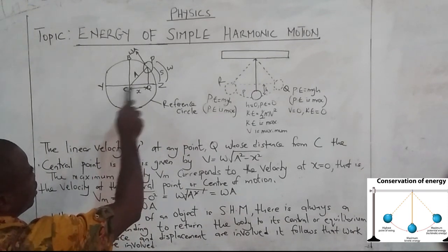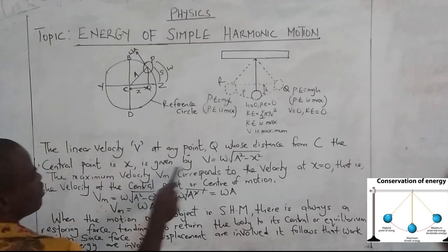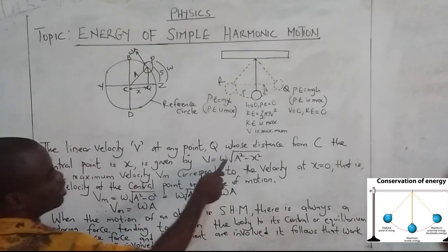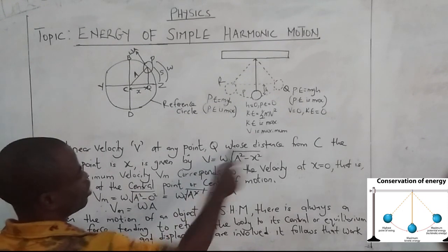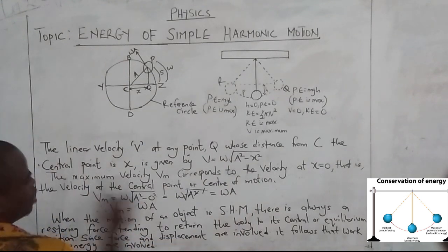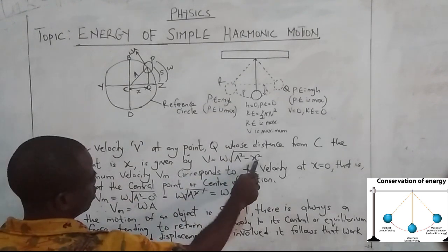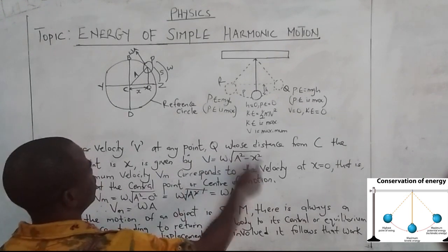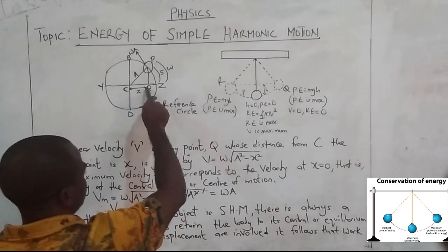Take note, the distance between C and Q is x. It is given by v equals ω, which is angular speed, times the square root of a squared minus x squared. Take note of this formula, it is very important. v equals ω square root of a squared minus x squared.